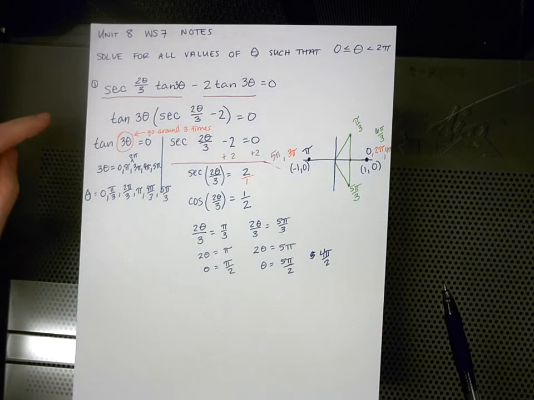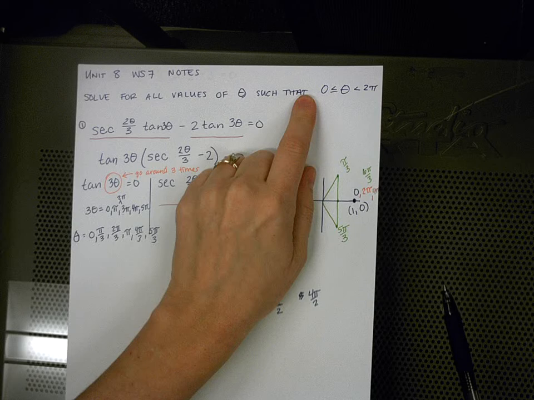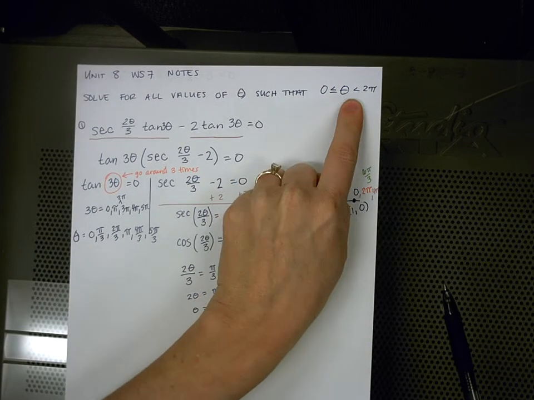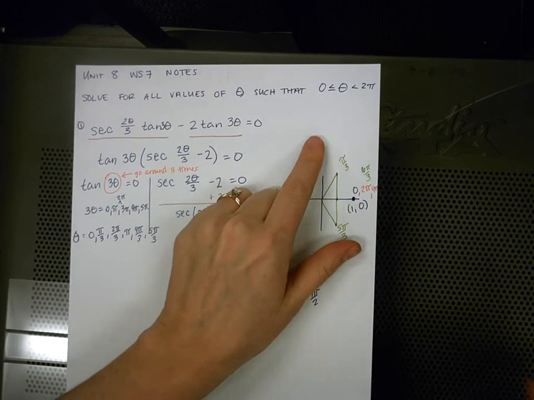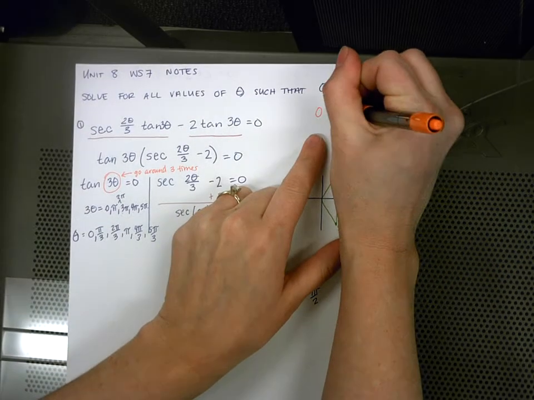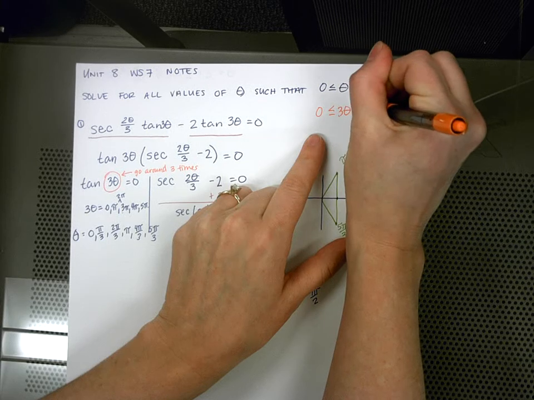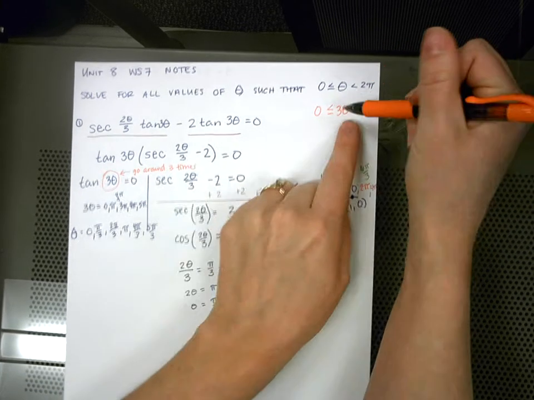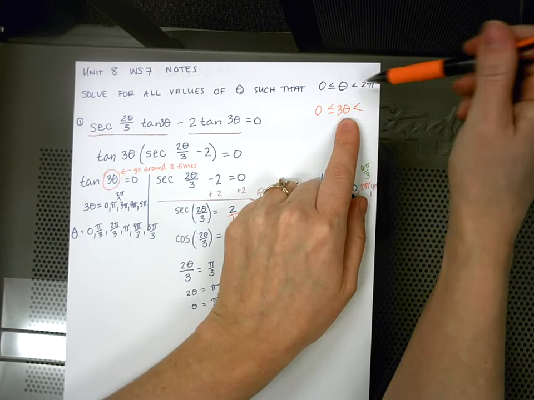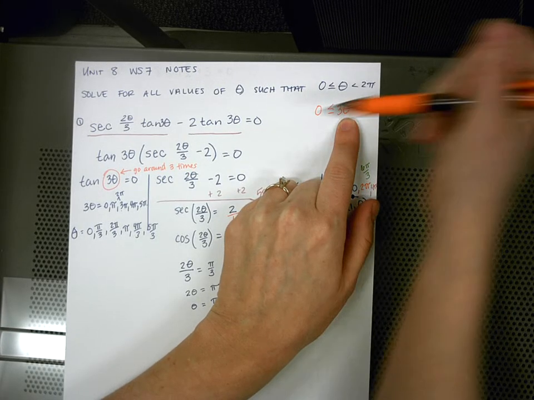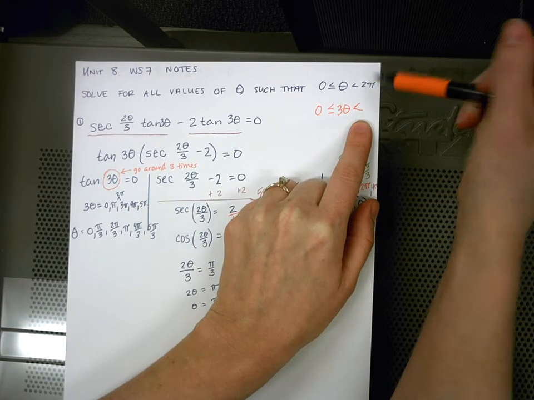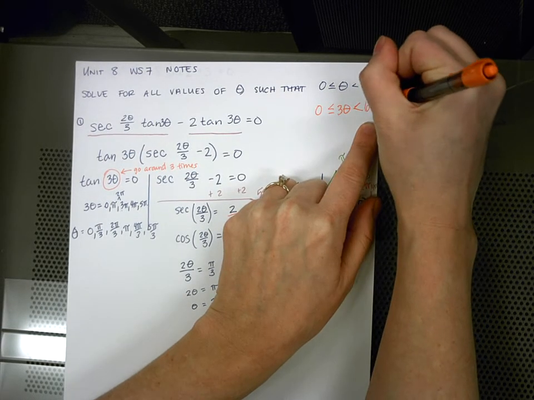Okay, and the reason for that is because if I take this restriction that I have in my question and I multiply it by 3, I would get 0 is less than or equal to 3 theta, which is less than, well, I'm multiplying every single one of these by 3. 0 times 3 is 0. Theta times 3 is 3 theta, which is what we want. 2 pi times 3 is 6 pi.